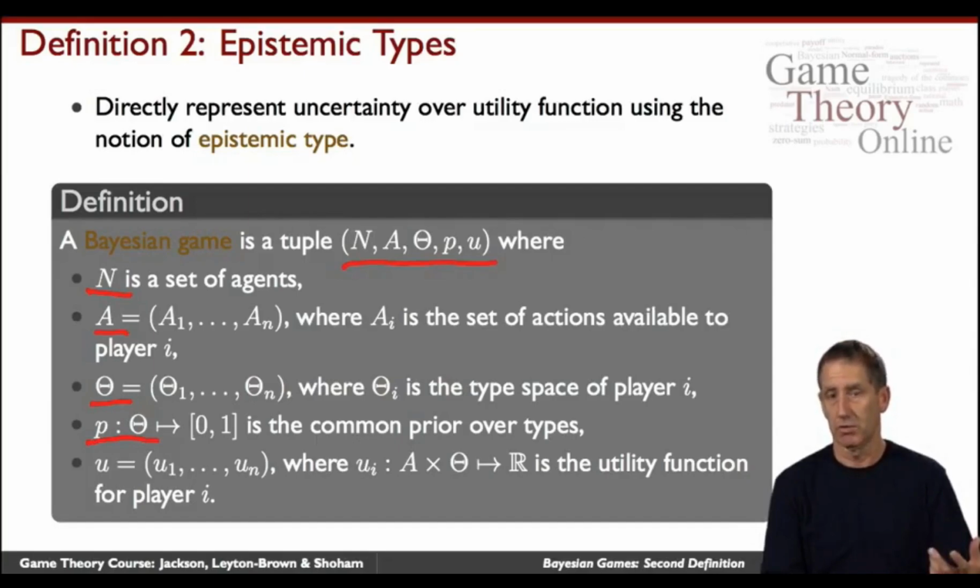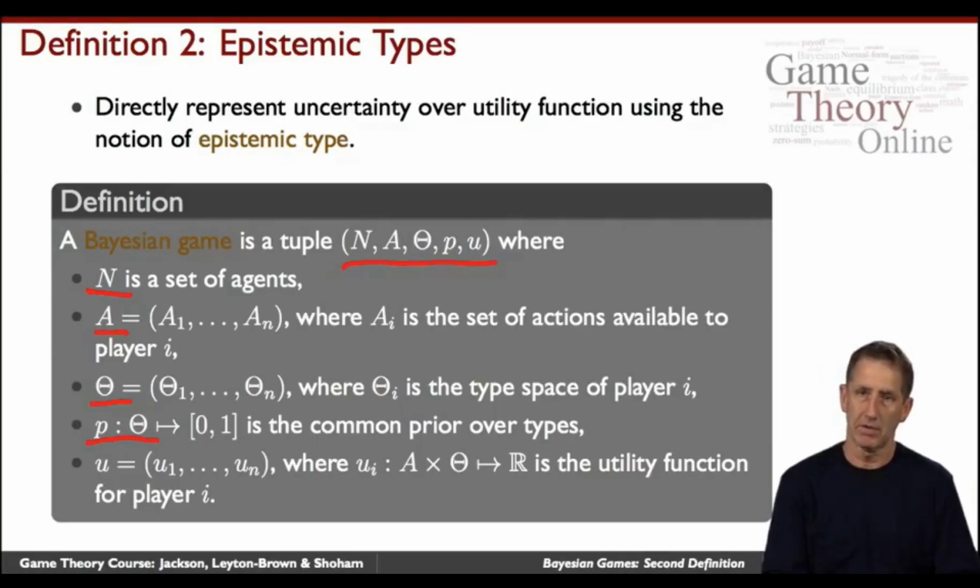Each agent has a type, and that prior is common. The type is chosen according to a probability distribution that's commonly known by all the agents, and each agent knows their own type. Therefore, they also have a posterior about the type of the other agents, and beliefs about what the other agents might believe about their own type, and so on and so forth.